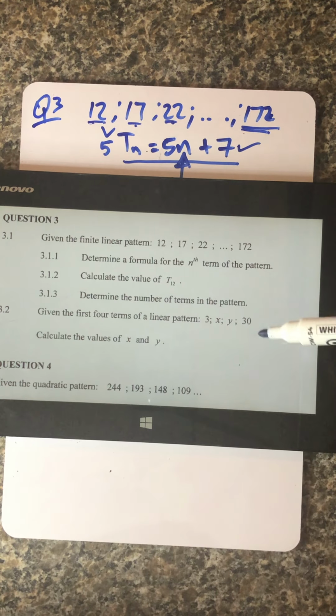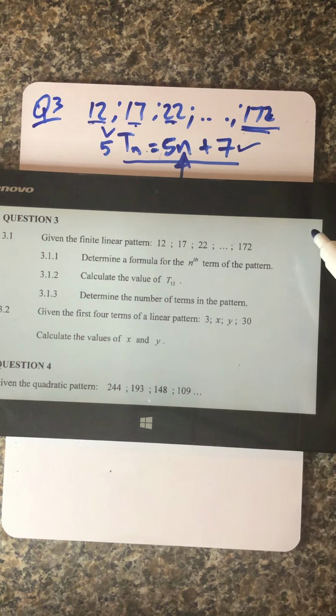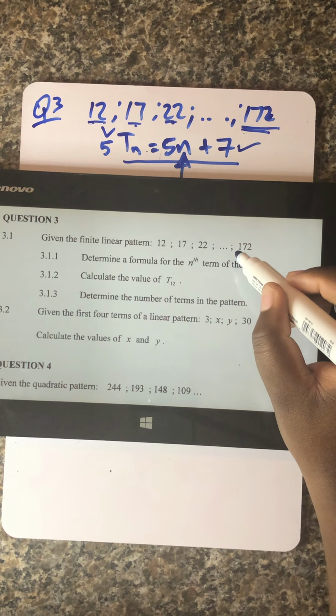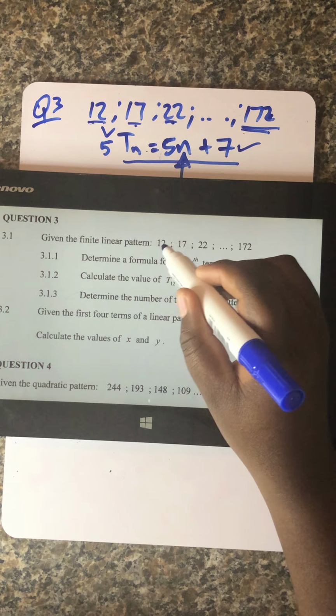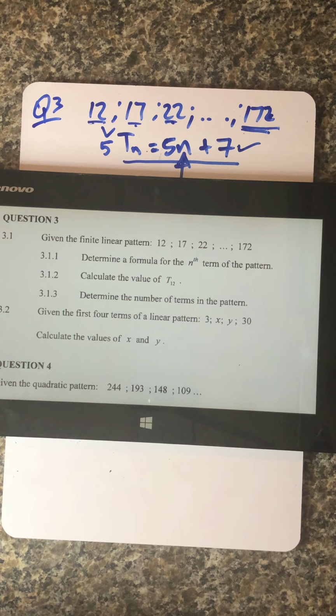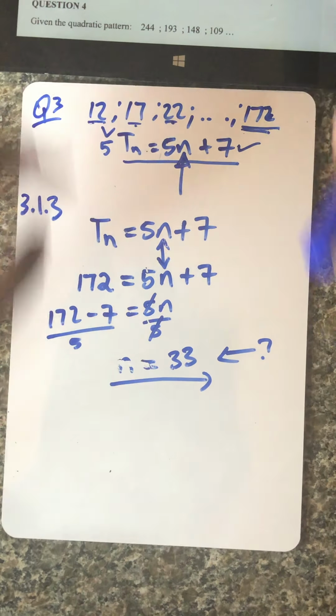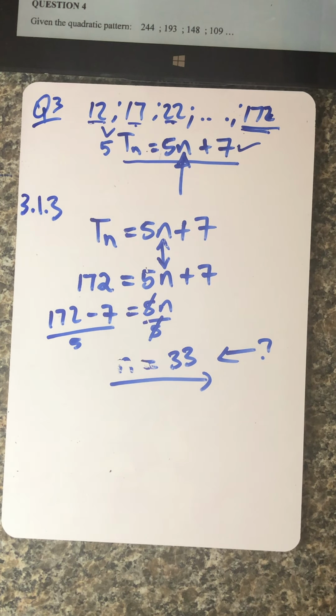That means for this linear pattern, you've got 33 terms, and the first term is 12 and the last term is 172. That's what that 33 means. Very, very much important, guys. Remember, this question is allocated 2 marks.